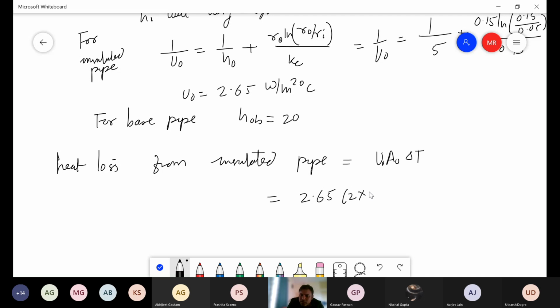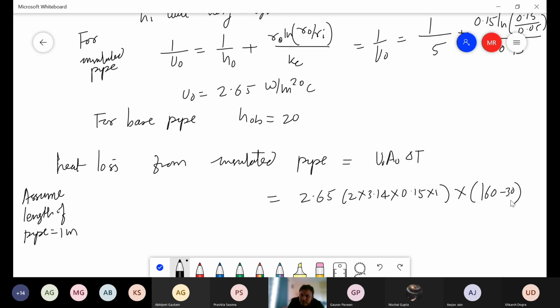So 2 into 3.14 into R, which in this case is 0.15, and assume the length of pipe is 1 meter, so multiplied by just 1, into delta T. Delta T will be 160 minus 30.